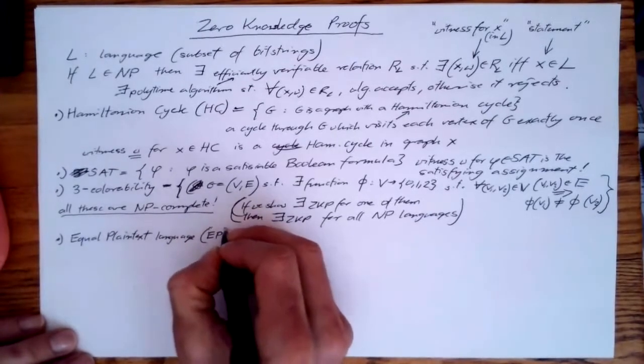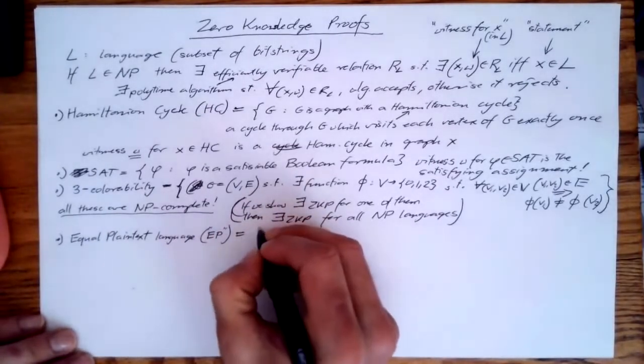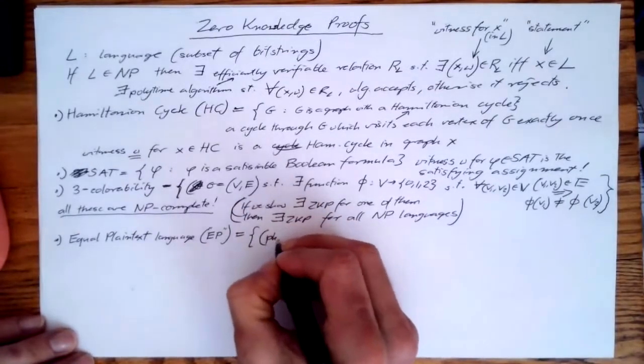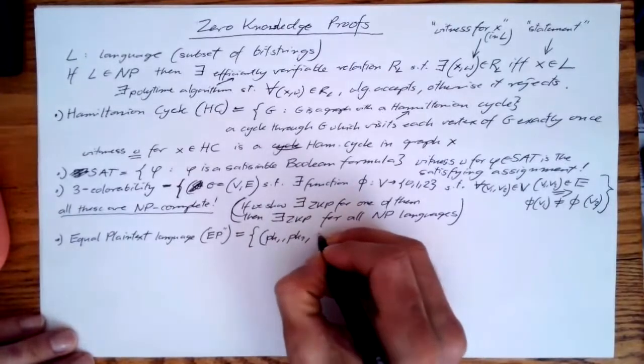It will be a language of the following tuples: a pair of public keys and a pair of ciphertexts.